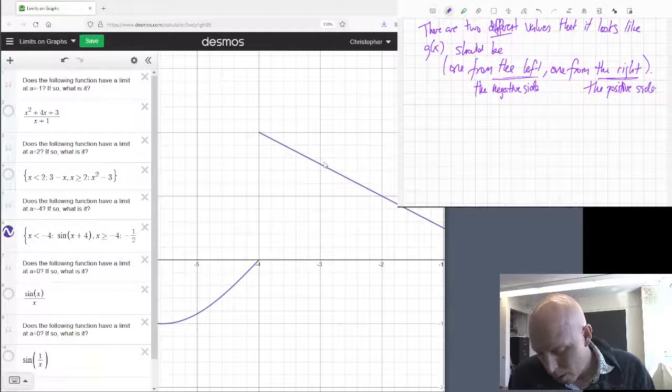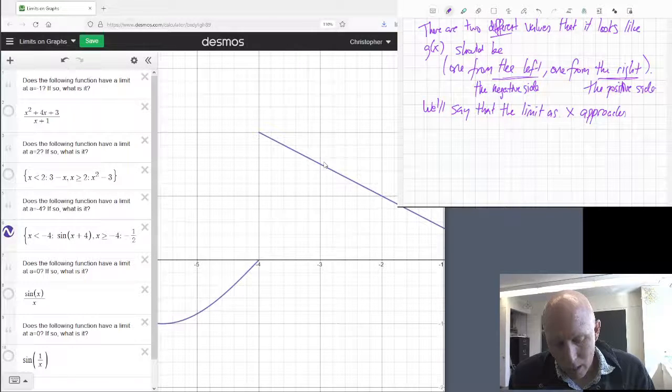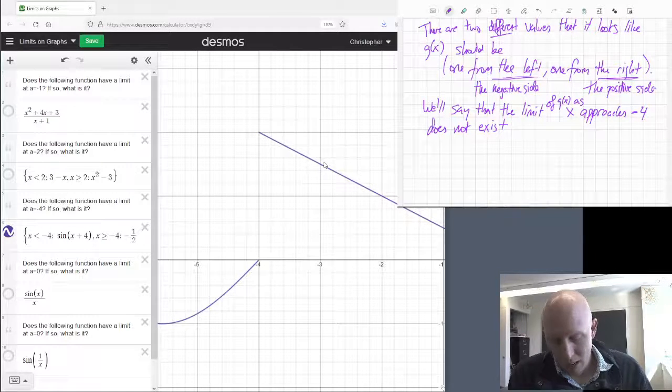So we'll say that the limit as x approaches negative 4 does not exist. The limit of f of x, or g of x we called it, as x approaches negative 4 does not exist.